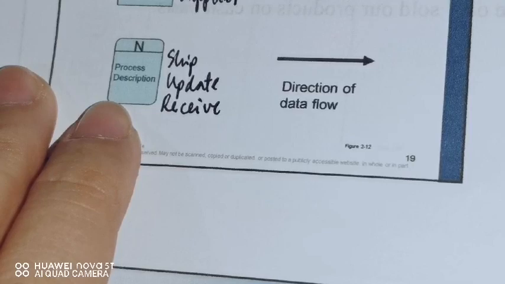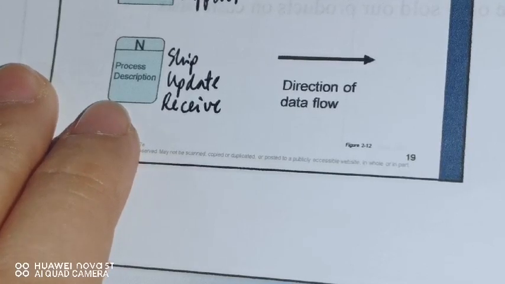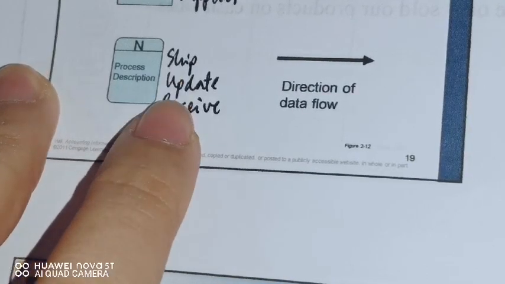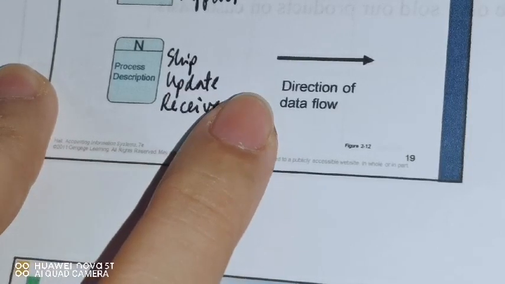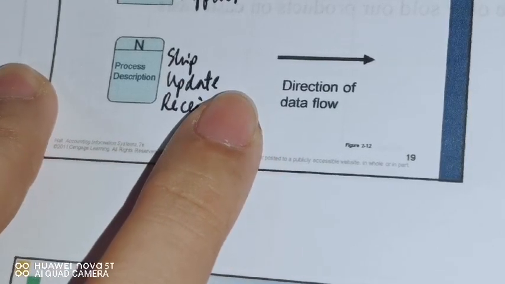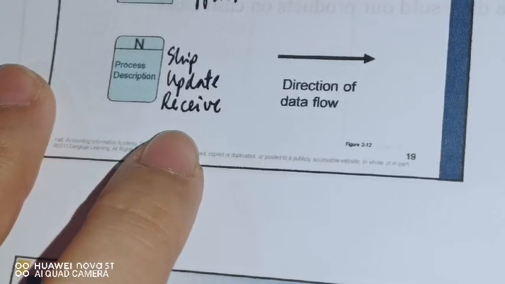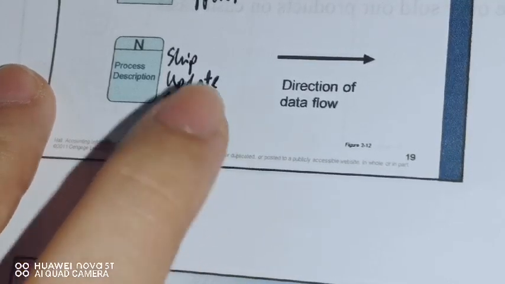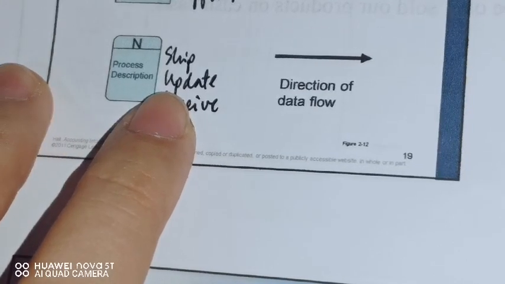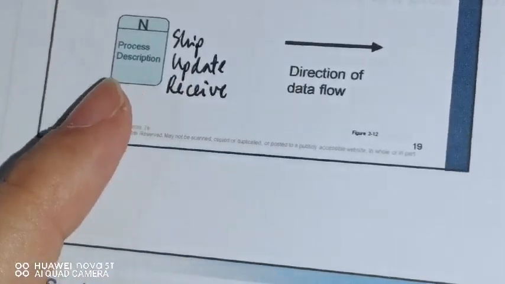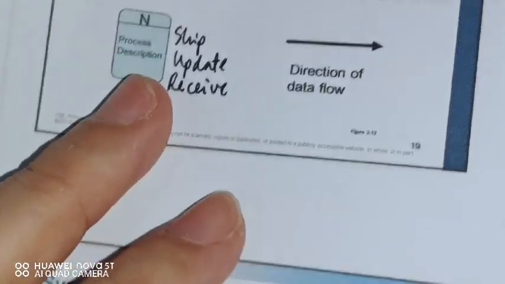For example, paano ba? I-ship ba muna siya? Tapos, di ba, saka mo i-update. And then, after mo ma-update yung accounts niya, magbabayad naman siya. And then, after niya magbayad, mag-update ka ulit. So ang ina-analyze mo dito is the flow of information.